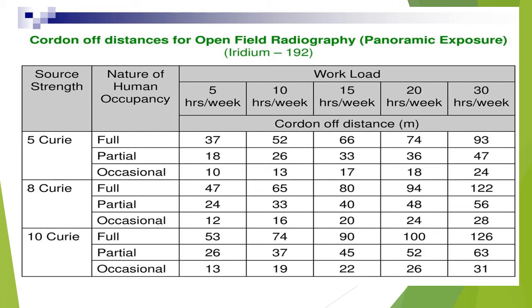For example, for 10 curie, if it is 20 hours per week, you have to put the barricade 100 meters away for full occupancy. So I think you understood how to take the precautions and what the effects of the radiography test are. This will help to maintain radiographic safety at industrial working areas.